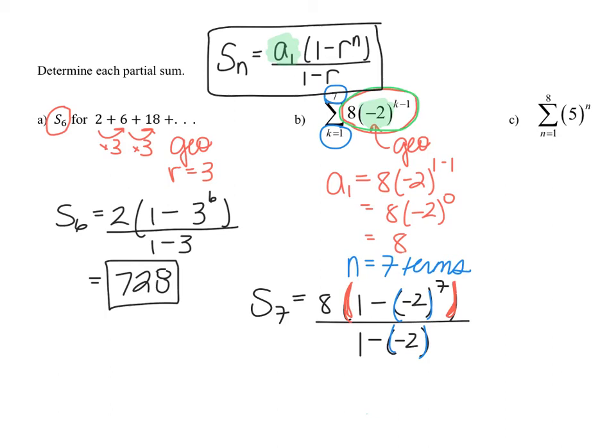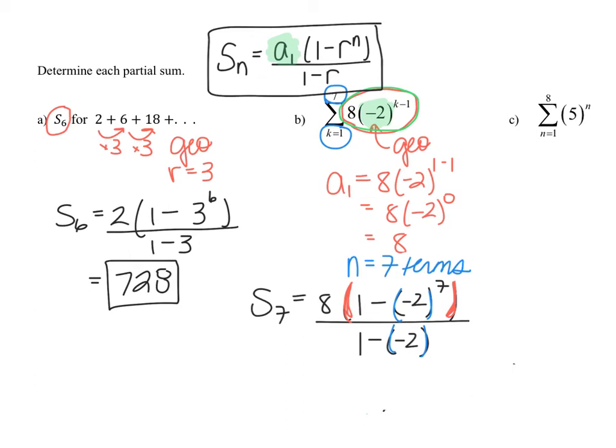If you're working on a TI-83 calculator and you don't have the opportunity to create a vertical fraction, your entry will look something like this, 8 times 1 minus -2 to the 7th power, and then you would have your division sign. It'll look sideways like this on a TI-83. Then be sure that you're putting the entire denominator in parentheses as well. So you would need an extra set of parentheses if you're on a TI-83. It would look like this. Otherwise, again, on the TI-84, be sure you're entering this as a vertical fraction.